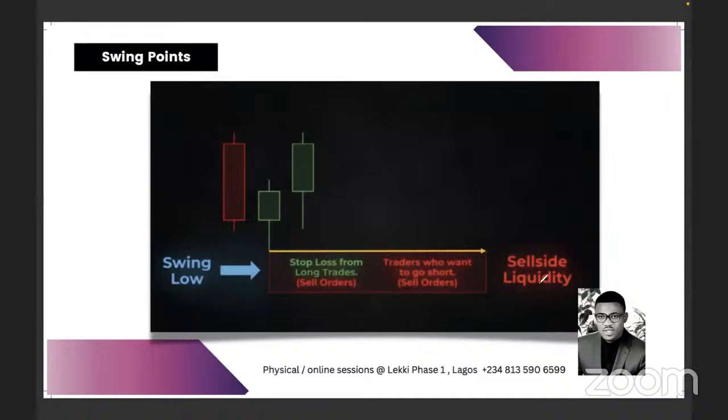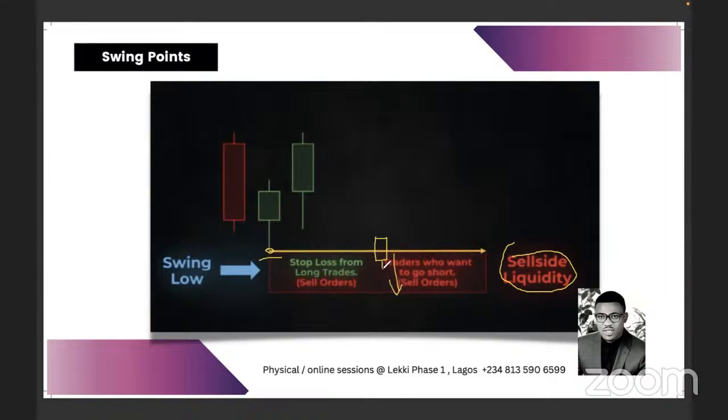So in this training, I want you to consider every swing low as an area of sell side liquidity. When a swing low is formed, you must know that a lot of traders put their stop loss under it. That's what I say here. A lot of traders use that swing low as an area to place a lot of sell orders, because if price breaks out of that zone to the downside, it is the beginning of a new direction downwards.